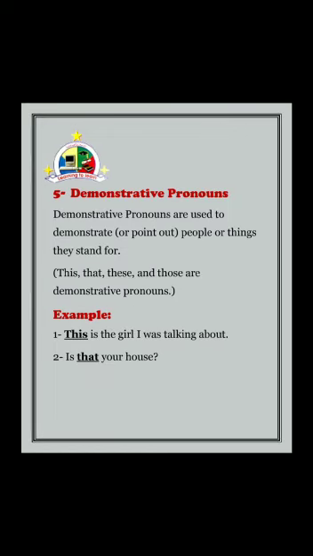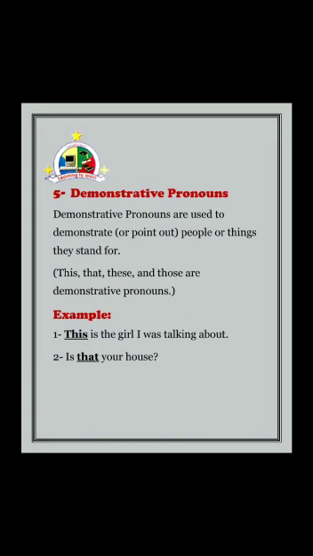Number five, demonstrative pronouns. Demonstrative pronouns are used to demonstrate or point out the people or things they stand for. They are used to separate a category when a statement or solution is referred to, whether previously stated or followed.